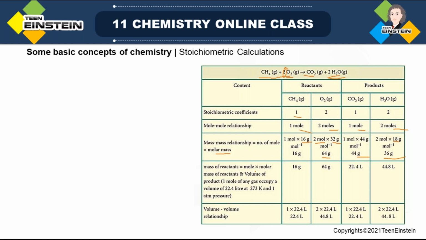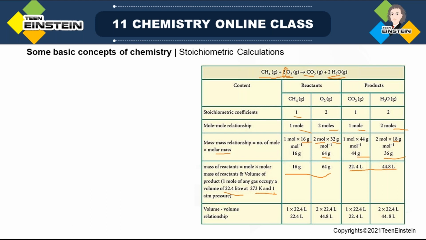Next, you can also express it in terms of volume. So mass of reactants is moles into molar mass of reactants. Here these two are expressed in terms of gram, but you can express these two in terms of liter. We know that 1 mole of any gas will always be 22.4 liter, provided temperature is 273 Kelvin and pressure is 1 atmosphere.